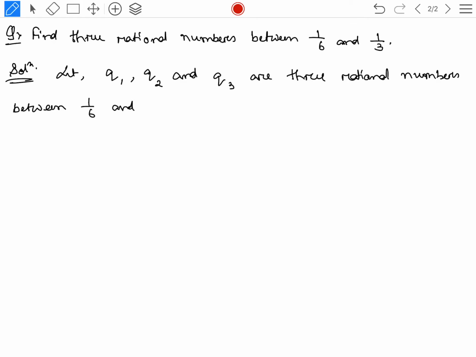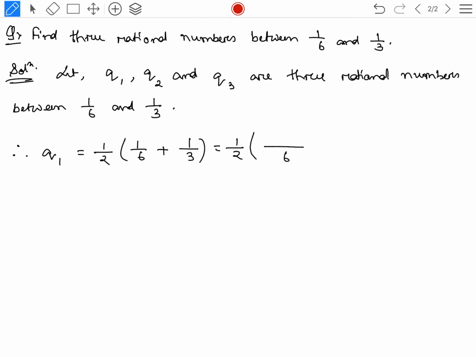Now we will use the formula. Therefore, q1, the first rational number, by the formula is half into 1 by 6 plus 1 by 3.